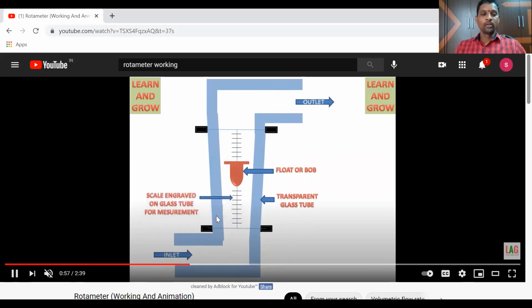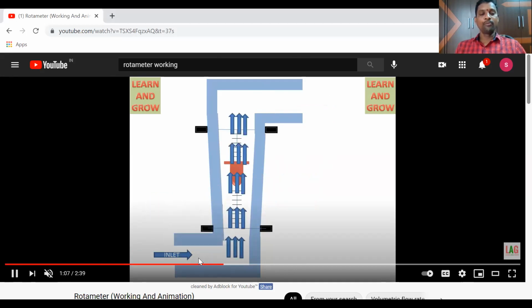There is a graduated scale, transparently visible, which is calibrated. When the fluid enters, it flows and pushes the bob in the vertical upward direction because of the change in the annular space between the bob and the tube.